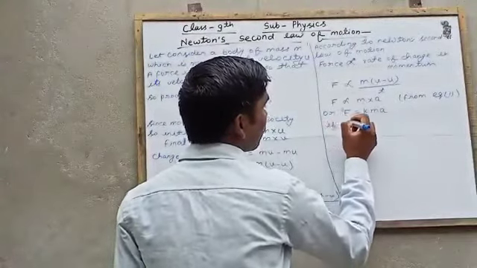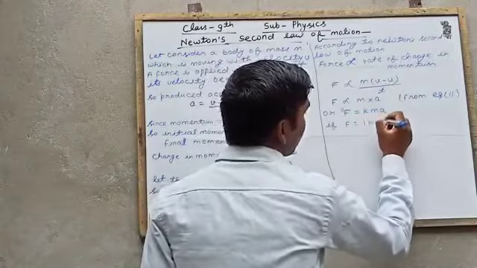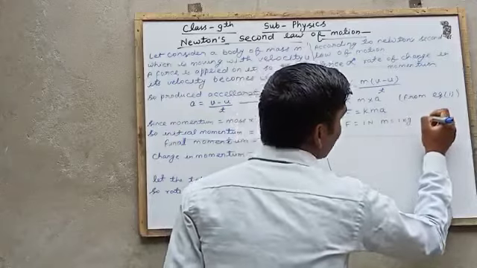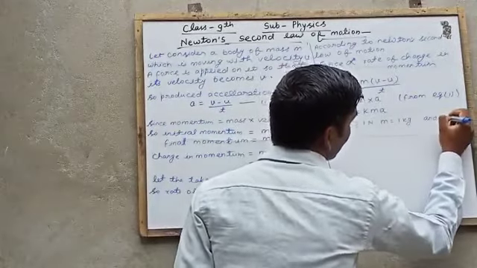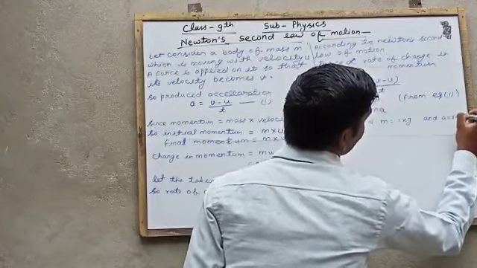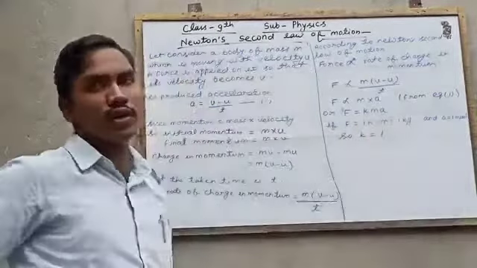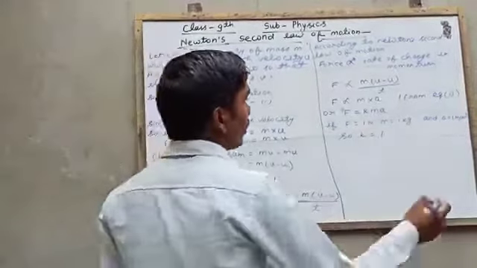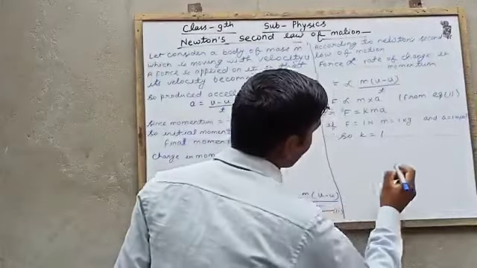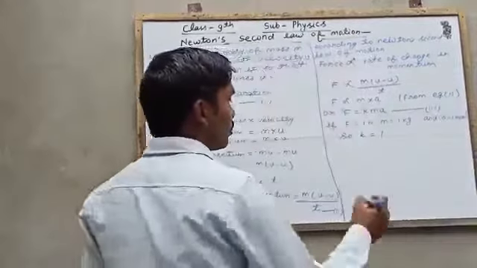If F is equal to 1 Newton, m is equal to 1 kilogram, and a is equal to 1 meter per second square, then k is equal to 1. This we can consider equation 2, and this one is equation 3.